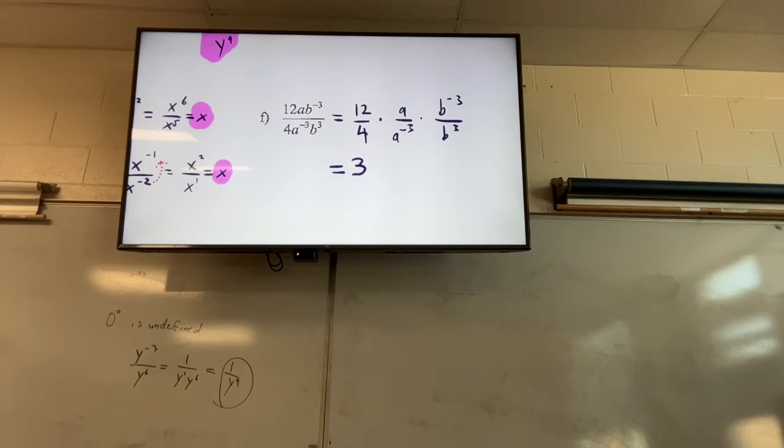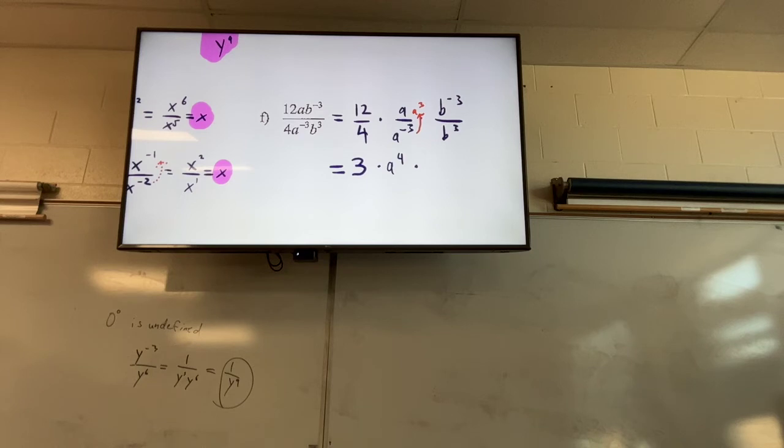Times, what do I do with that a over a to the negative 3? What does that become? a to the 4th. So I want to take this a to the negative 3, move it to the top, make it become a cubed. That becomes a to the 4.